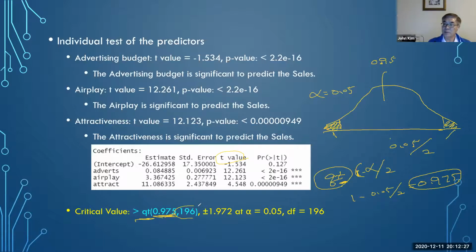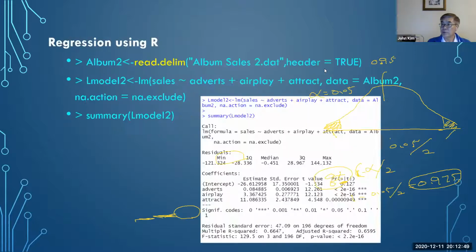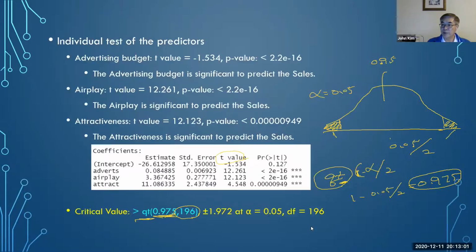And then the degree of freedom is here. Go back just a moment. The output here, 196. Using 196 degrees of freedom, we can find it.